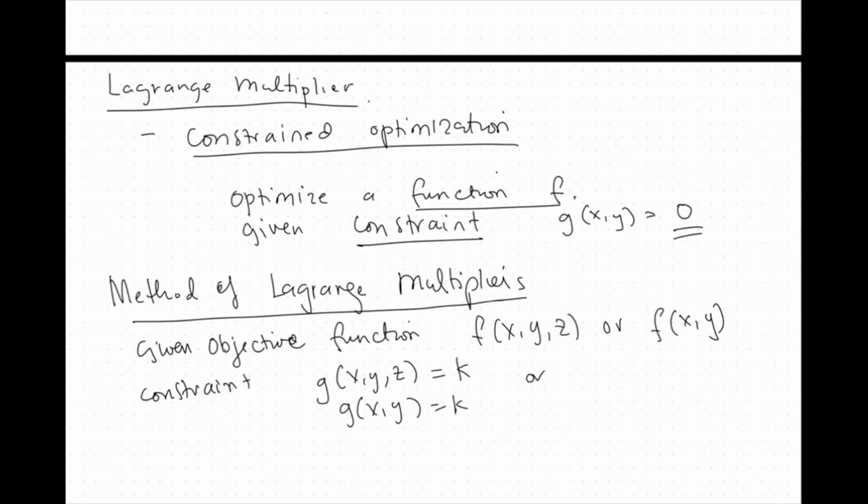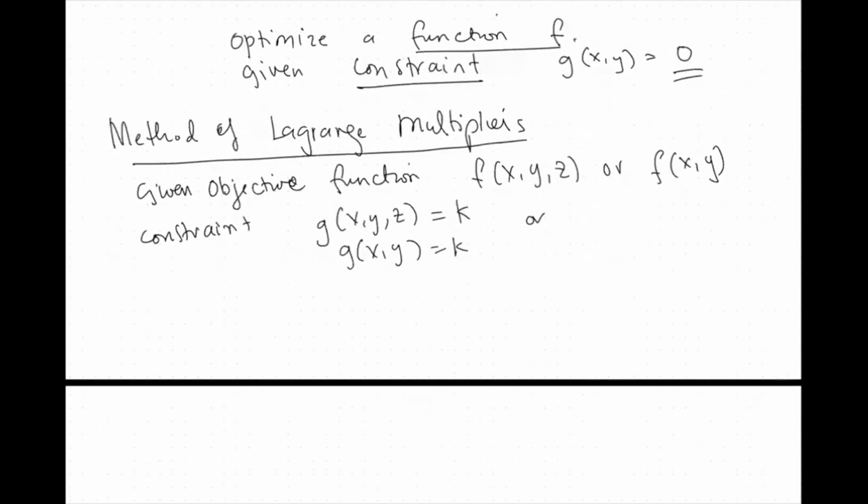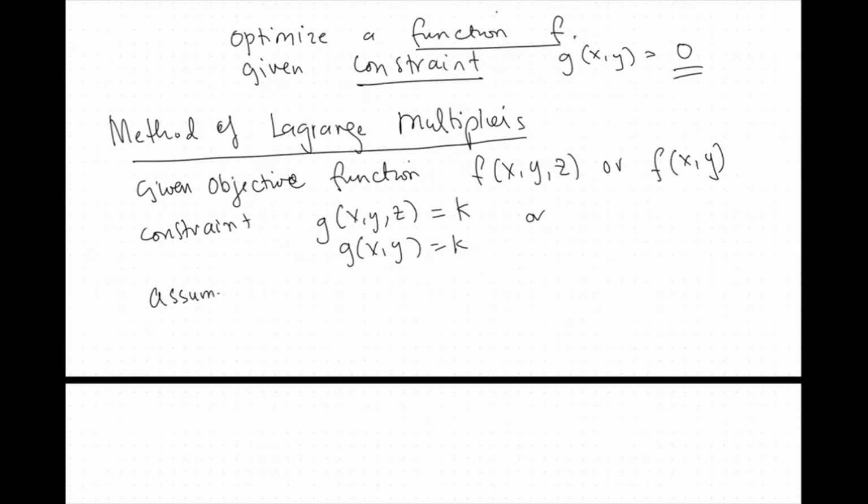The first step: here we have the assumption that extreme values exist and the gradient of g is not 0. Assuming these nice conditions.